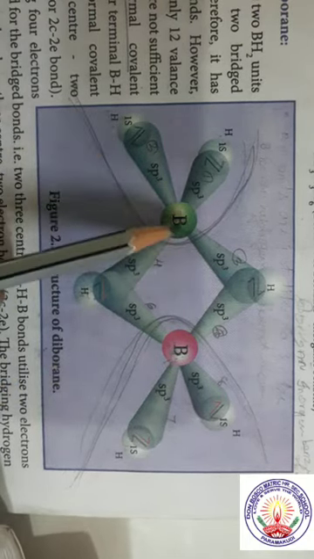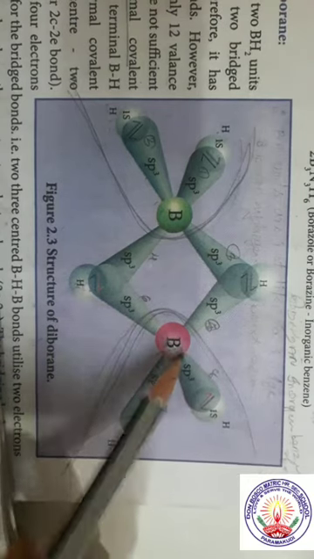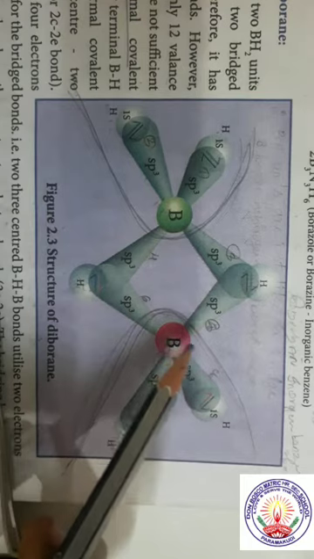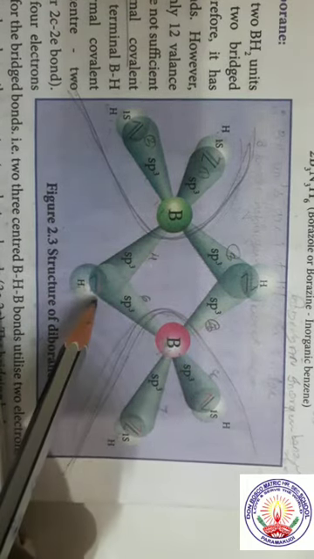Now come to the fourth point. These remaining 4 electrons are used for the bridged bonds. That is 2 BHB bonds.